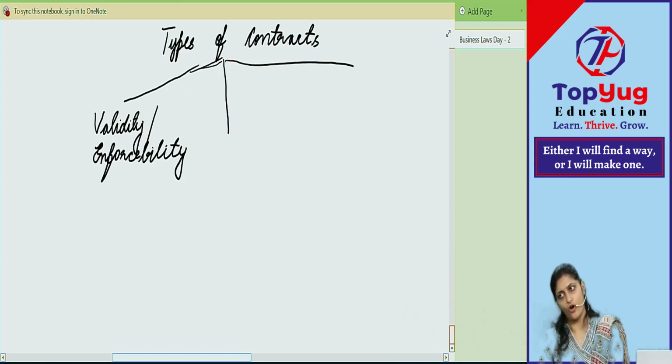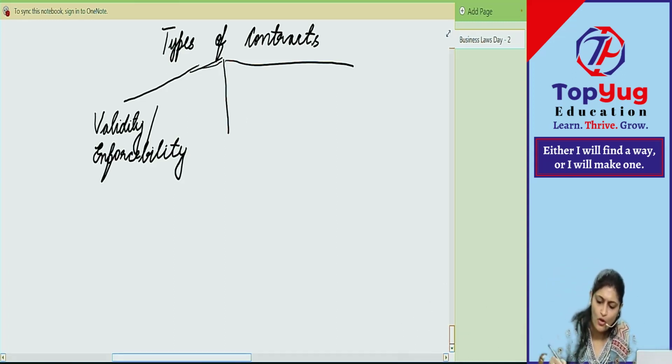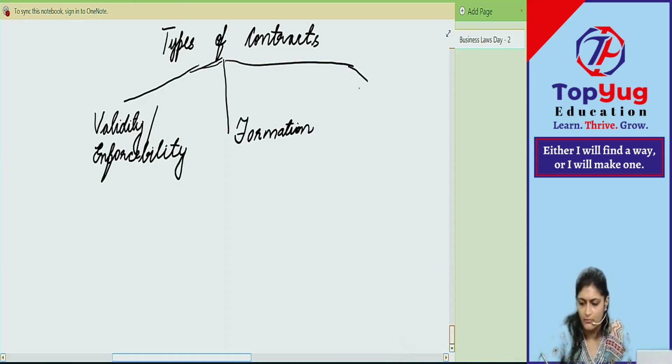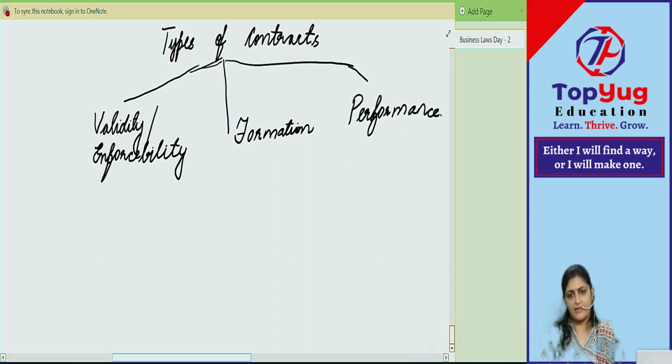Another basis is based on formation. And then based on performance. So these are the three bases on which the contracts are divided.